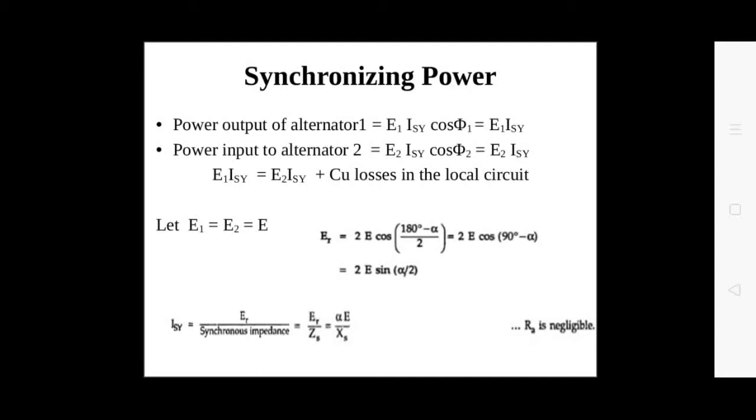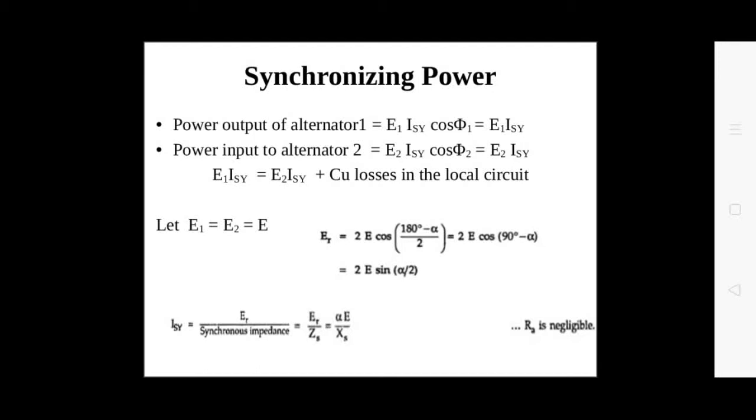Similarly, the power input to alternator 2 is E2 ISY cos phi 2, which is equal to E2 ISY, as phi 2 is also small. Therefore, we can write E1 ISY is equal to E2 ISY plus copper losses in the local circuit.